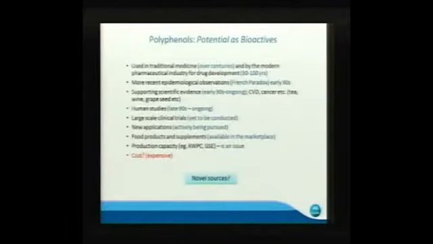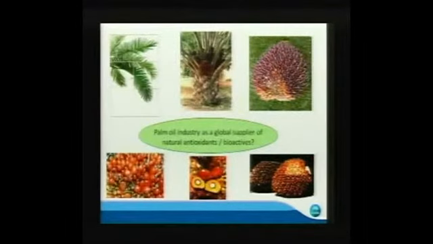But there are a lot of products being marketed, some without any substantiation, and they command a lot of money, and the production capacity of these compounds, like red wine polyphenols and grape seed extracts, is somewhat limited. So the cost is a supply and demand concept here. So is there a novel source? And Dr. Ravi, as you know, the first speaker, mentioned all the avenues that we have to generate. There is a good source from which one could extract polyphenols if one can establish the profile of science.